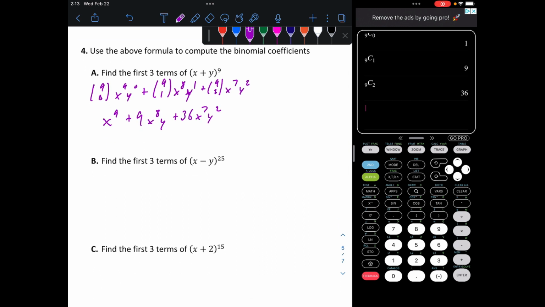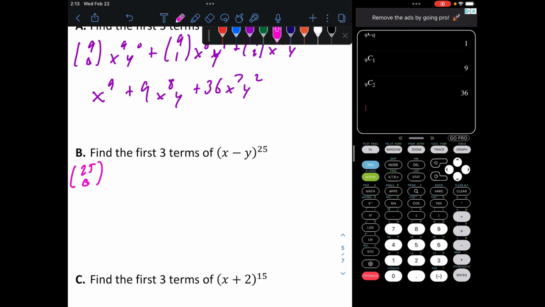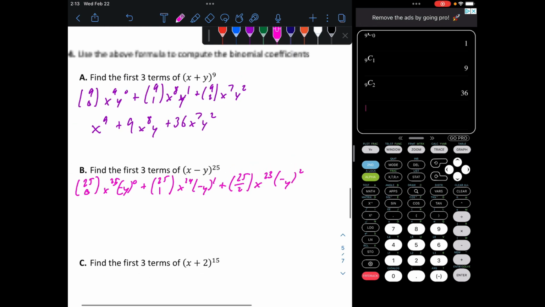Okay, find the first 3 terms of x minus y to the 25th. So that's going to be 25 choose 0, x to the 25th, negative y to the 0, plus 25 choose 1, x to the 24th, negative y to the 1st, plus 25 choose 2, x to the 23rd, negative y to the 2nd.